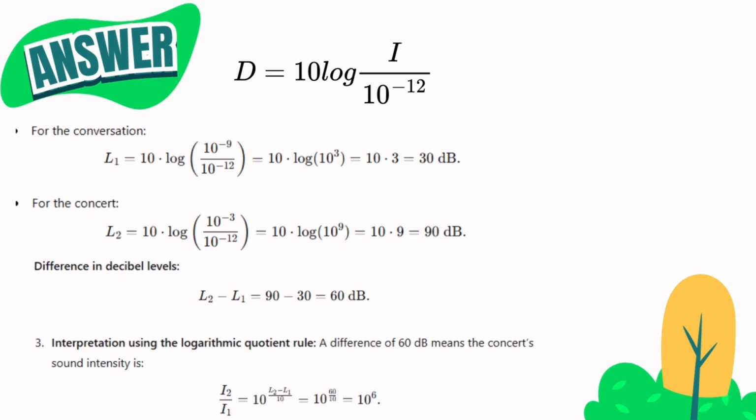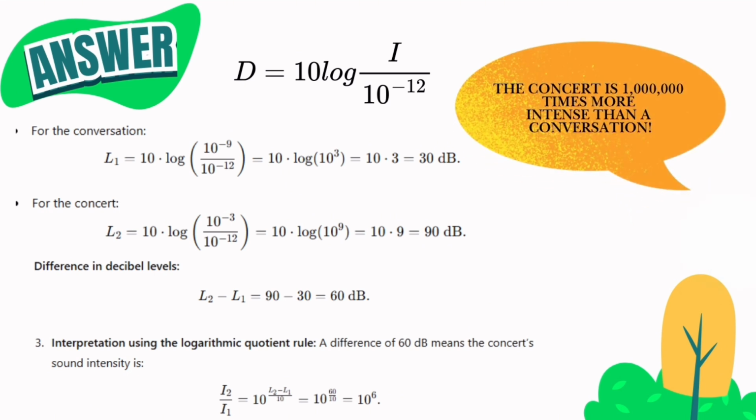A difference of 60 decibels means the concert sound intensity is I2 over I1 is equal to 10 raised to L2 minus L1 over 10. That equates to 10 raised to 60 over 10. Then finally coming up to the answer, 10 raised to 6. Now, the concert is 1,000,000 times more intense than a conversation.